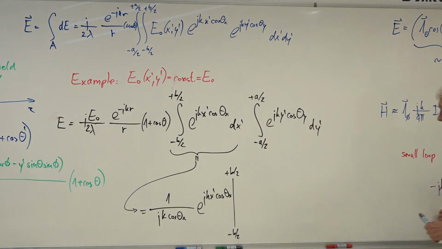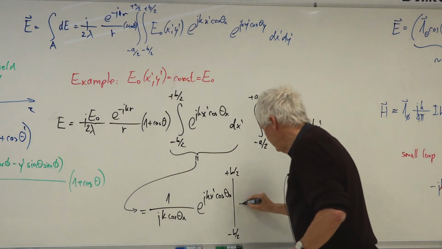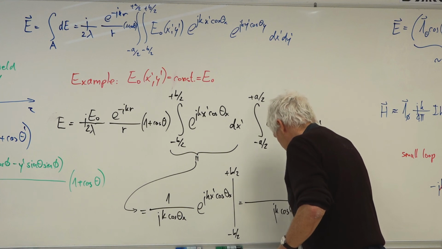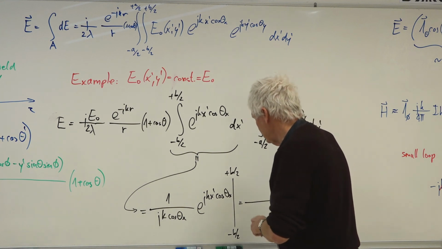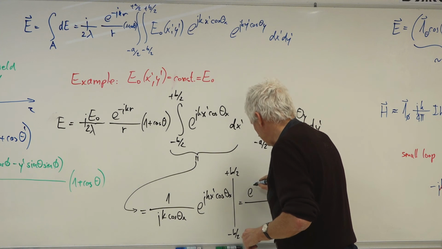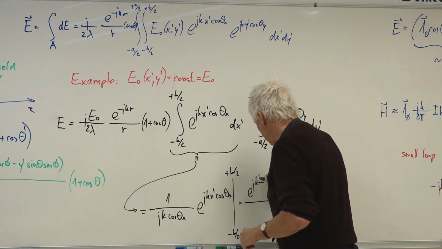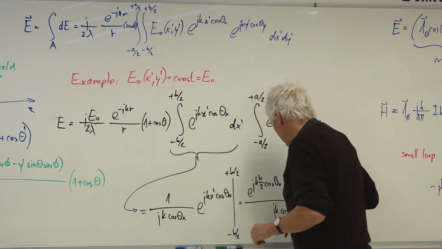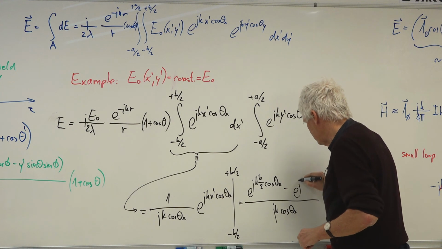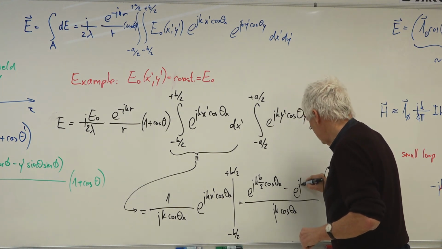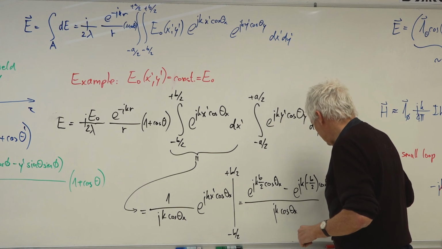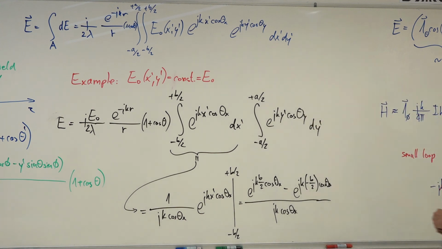That makes sense. So if I rewrite this, I have j k cosine theta x in the denominator. In the numerator, I have e to the j k b half cosine theta x, minus on the lower bound e to the j k minus b half cosine theta x.